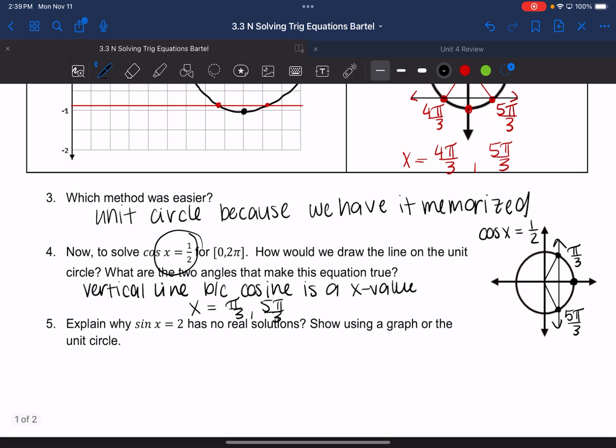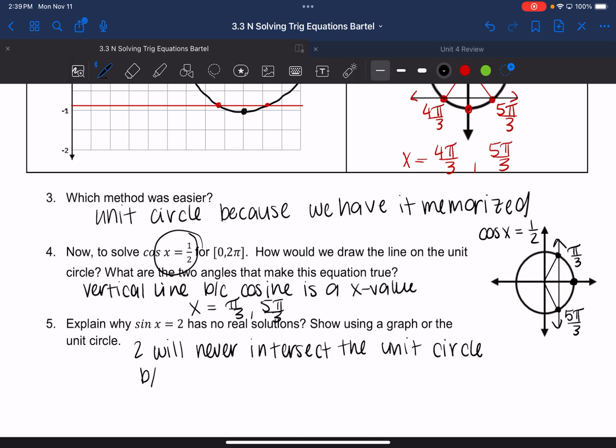So we would say 2 will never intersect the unit circle because r equals 1.